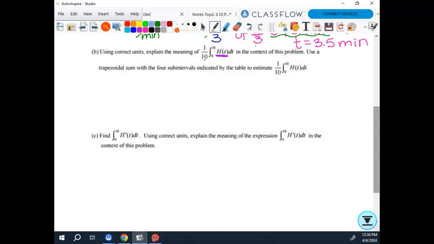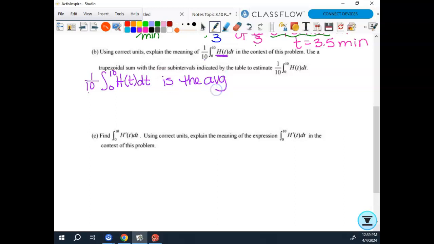Okay? So what does h of t represent? Look at the paper, don't stare at me. Degrees Celsius. Okay, thank you. Goodness gracious, guys. All right. So 1/10 times the integral from 0 to 10, because this is my b minus a right here, right? Of h of t dt is the average, okay?